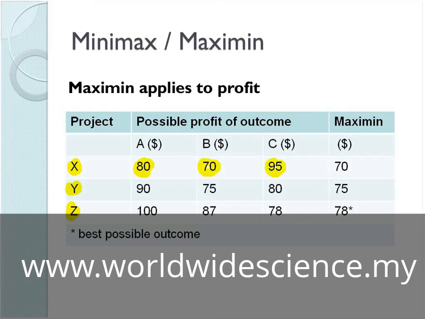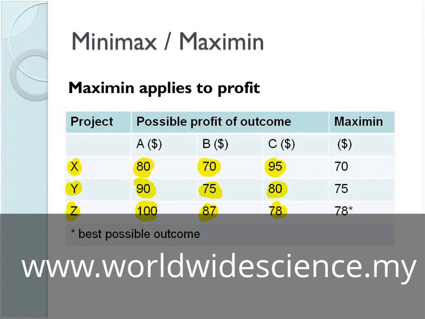For the project Y it could be 90, 75, or 80, as you can see. And for the project Z, the possible profit can be 187, 78, right?